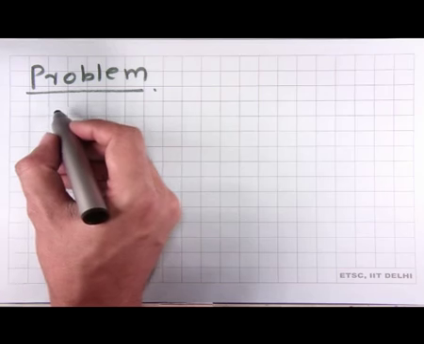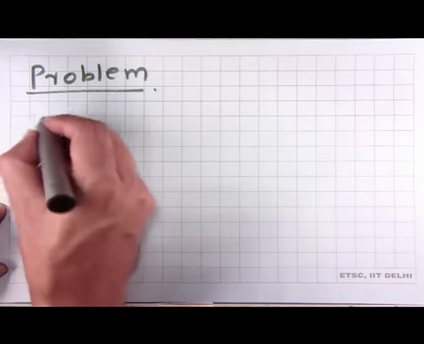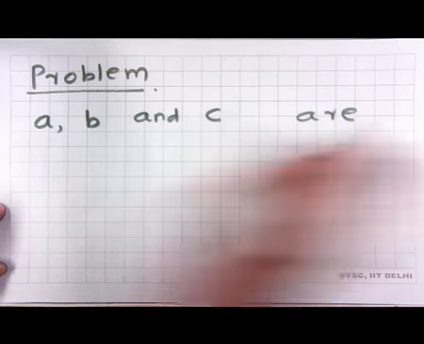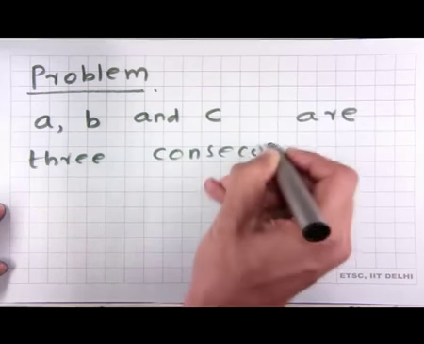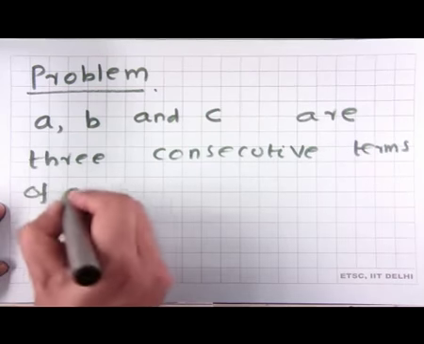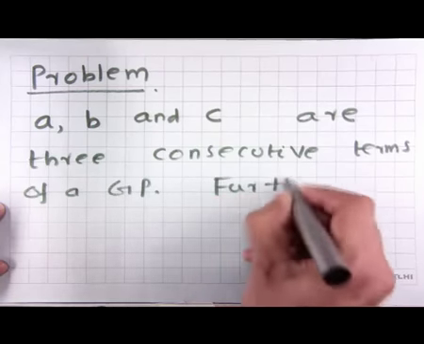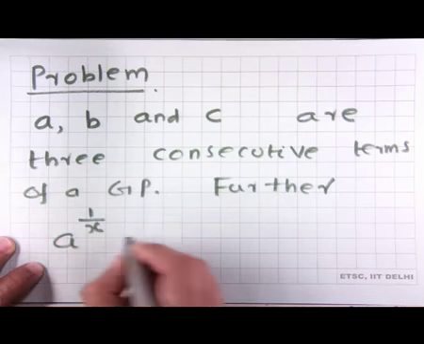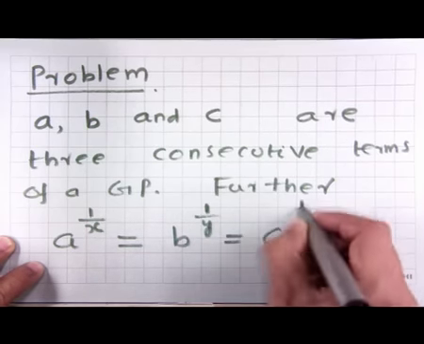A, B and C are 3 consecutive terms of a GP. Further, a power 1 by x equal to b power 1 by y equal to c power 1 by z.